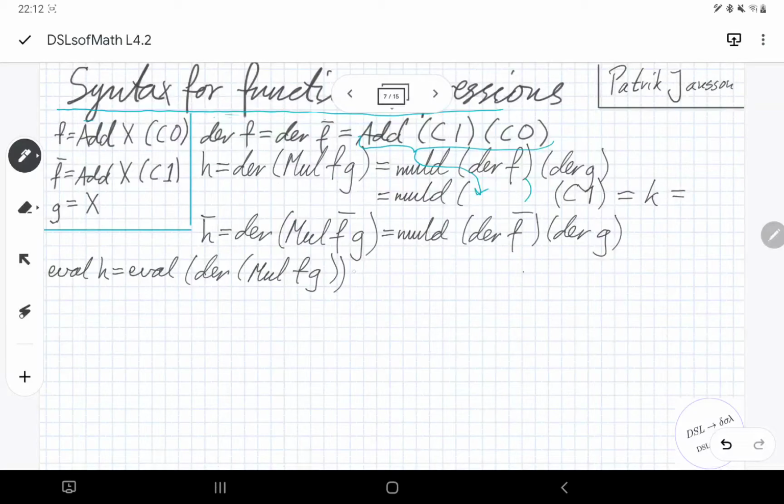Okay, now I'm using the specification. The specification, remember, said that eval is a homomorphism with respect to der. So it takes the syntactic derivative to a semantic derivative. So this is also equal to the semantic derivative when we've moved the evaluator one step inwards.